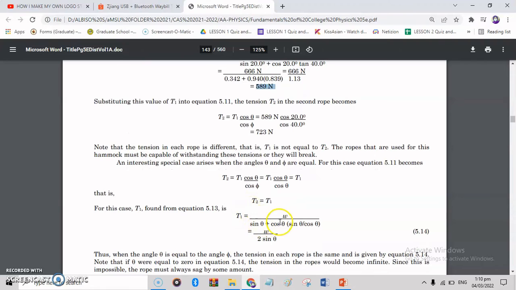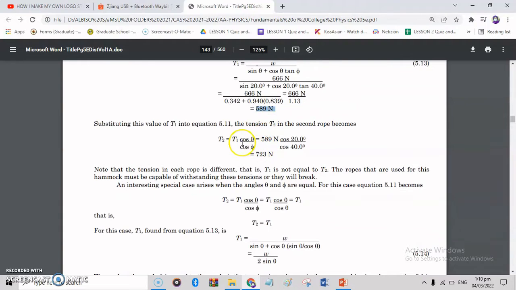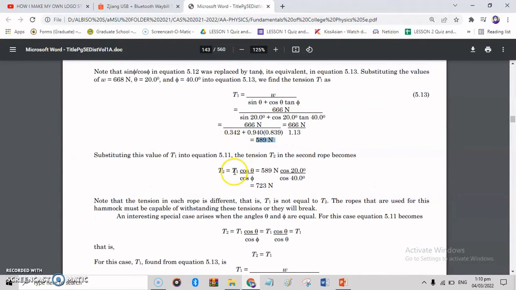Now, ito ginamit niya dito is equation 5.11. Ito yung kanina, T2, then T1, cosine theta, cosine phi, and then yung value ni T1, then again yan, you will get T2.